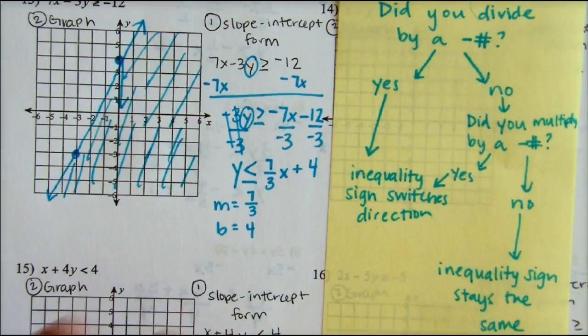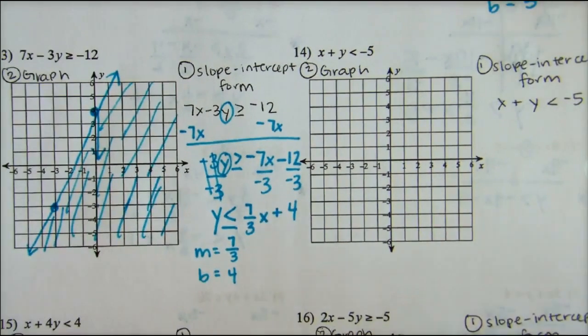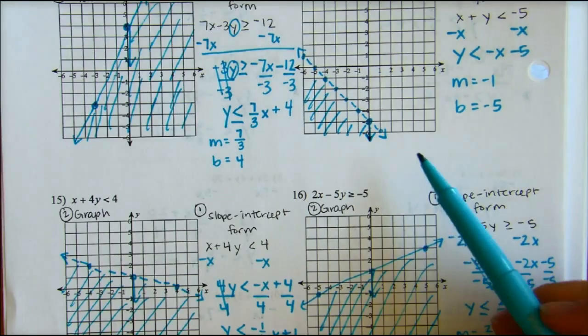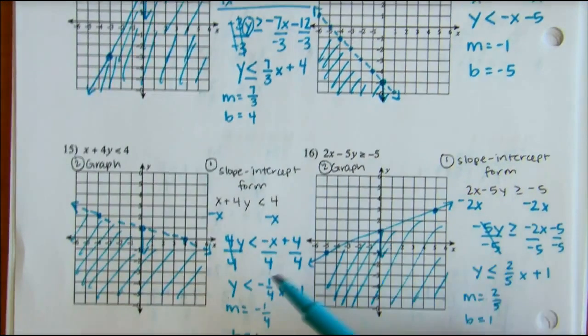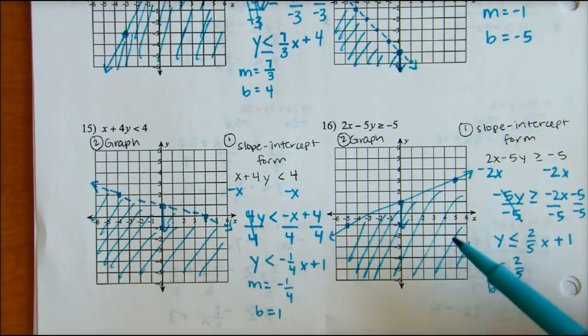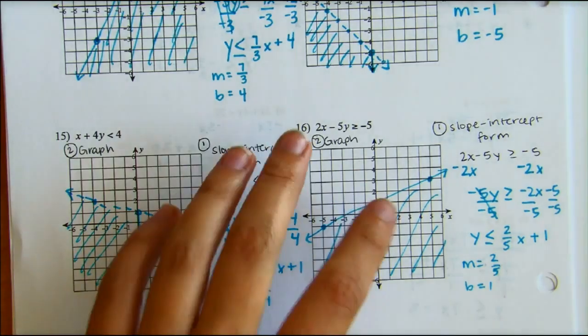Okay, and that's it. Go ahead and give the last couple problems a try. You can check your work at the next question mark. Check your graph for number 14. For number 15. And for number 16. For the last 4, go ahead and pause, and we'll check them at the next question mark.